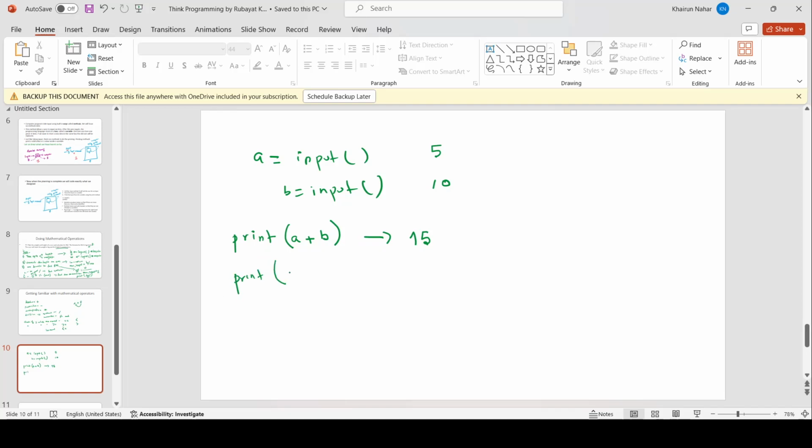So if I write a minus b, we're going to get minus 5. If I print b minus a, we're going to get a positive 5. If I print a asterisk b, which is a times b, I'm going to get 50.